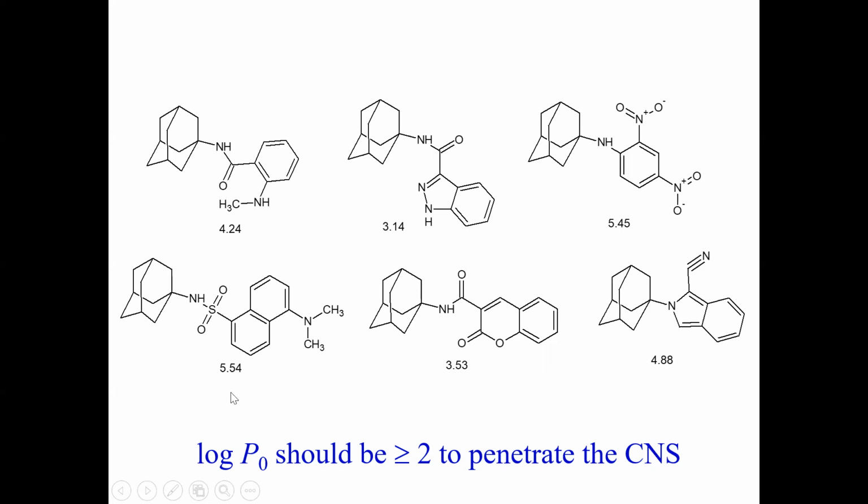We even got 2 compounds with log P values that were a little bit too high. But then what we found is this molecule here, that is the adamantane conjugated to the coumarin structure. This is known as a coumarin. And it shows a log P of 3.5, which is right in the middle of optimal lipophilicity for CNS penetration.